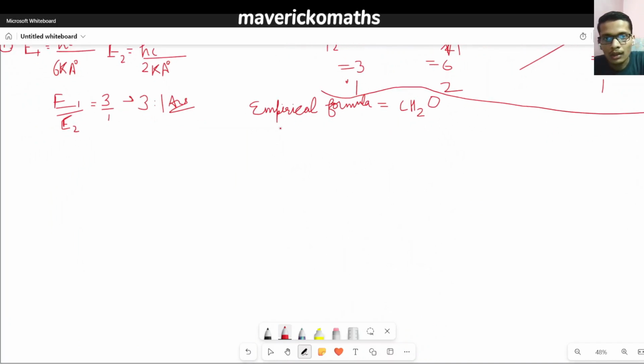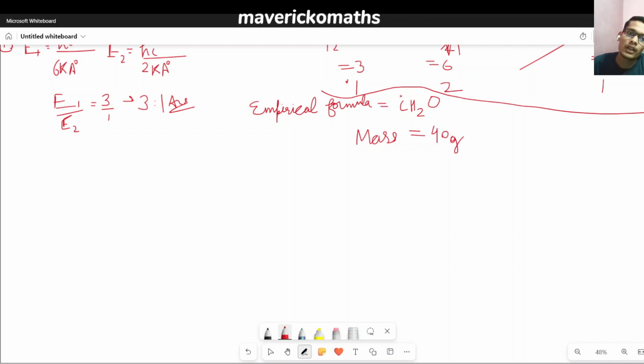Empirical formula is given. What is the empirical mass? Empirical mass will be 12 plus 2, 24 plus 16, 40 grams. Did I calculate it correctly? This is 12.